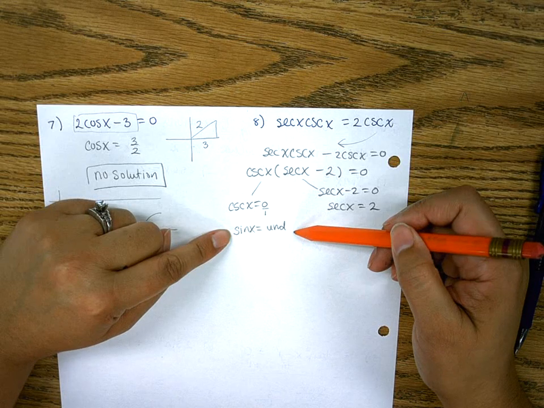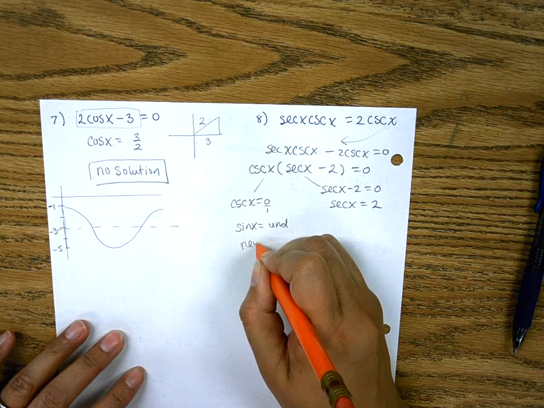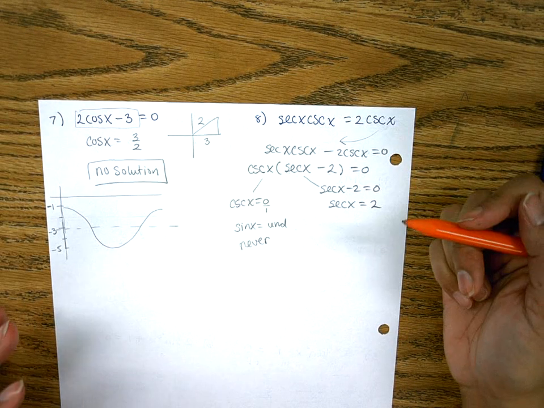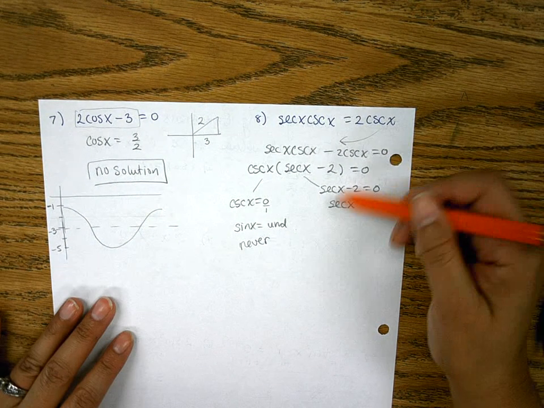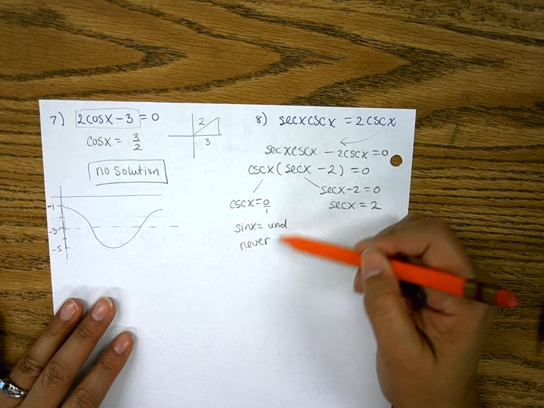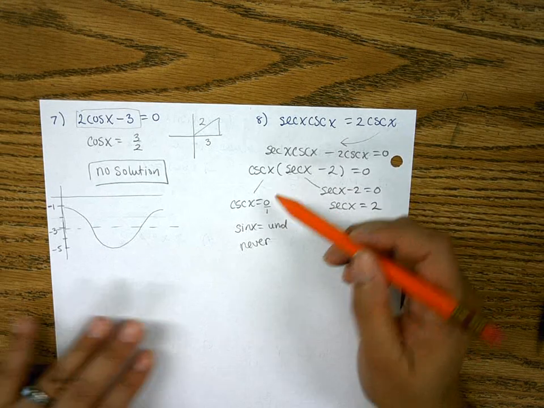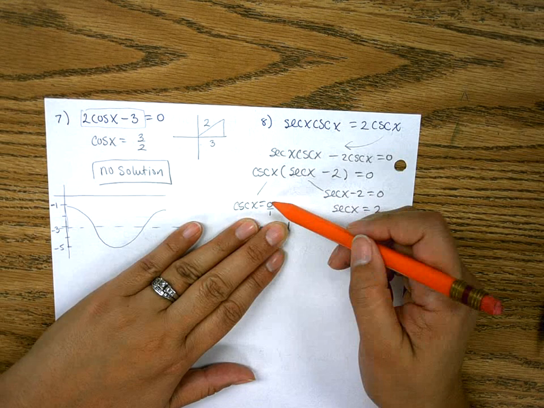So cosecant of x equaling 0 is equivalent to asking you, when is the sine of x undefined? And it's never undefined. So this piece right here, there's no solution. That doesn't mean no solution is your final answer, because I may have a solution on my second piece, but this piece right here is no solution.